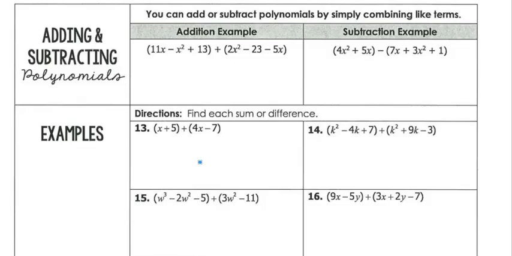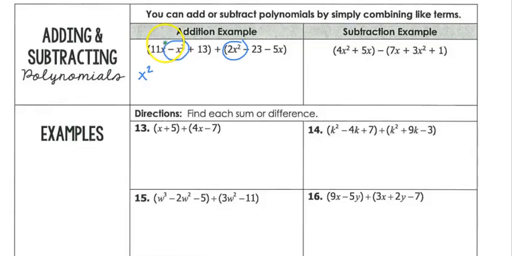All right, so then what we want to do is we want to add or subtract polynomials, and all we're doing is combining like terms. And we're going to put them in standard form, so we're going to start with the highest number. So when it's addition, I'm just looking at what's the same. So this has an exponent of 2, and this has an exponent of 2. So I'm going to put them together. Negative 1 plus 2 is positive 1, so I have x squared.